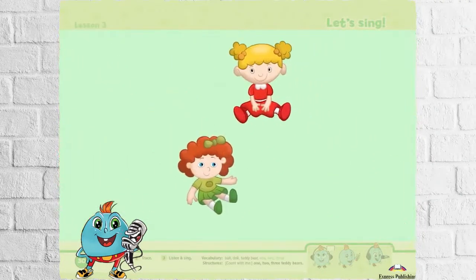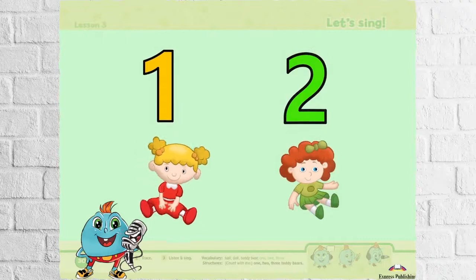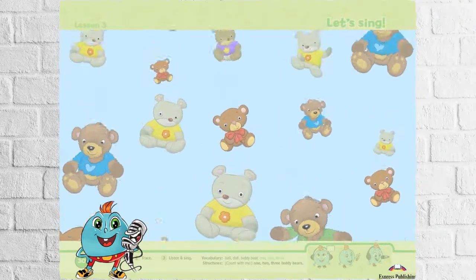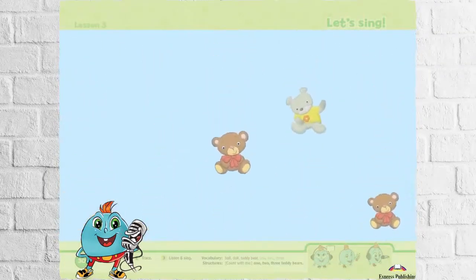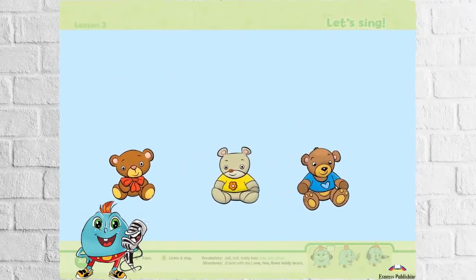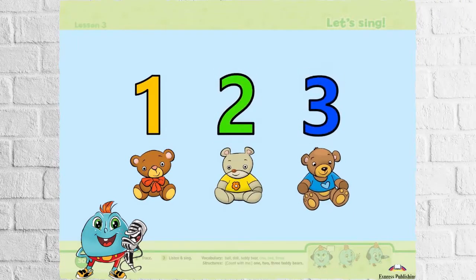How many dolls can you see? 1, 2. 1, 2, 3. Count with me. How many teddy bears can you see? 1, 2, 3.